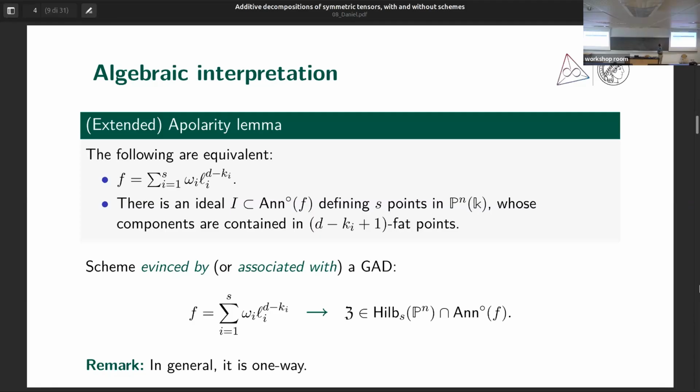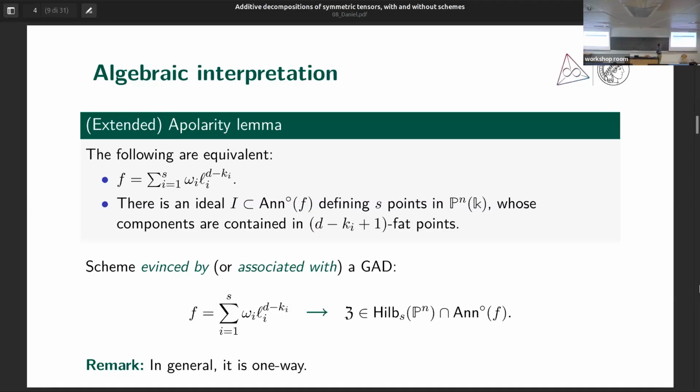This lemma says that you can find such a decomposition if and only if you can find an ideal which defines points inside this annihilator, so an ideal that is defined by forms that kill F by derivation. And this ideal defines points, so it's zero dimensional in a projective sense, and it has components that are not too long in some direction.